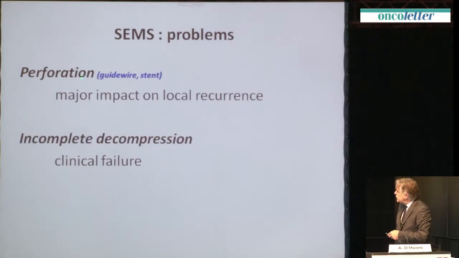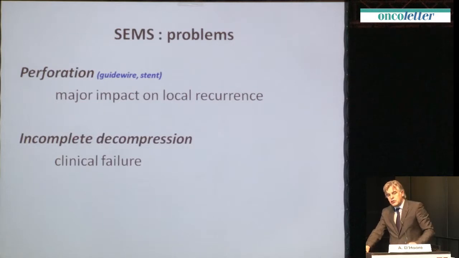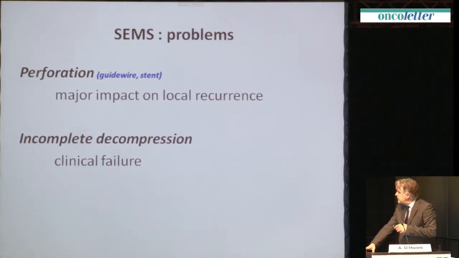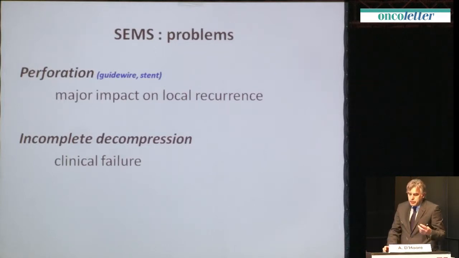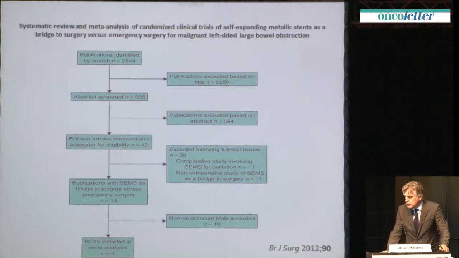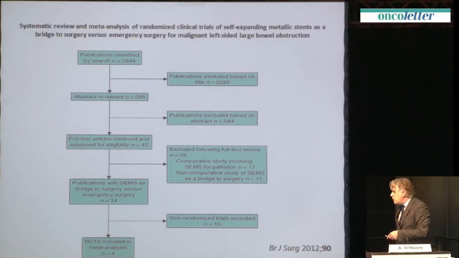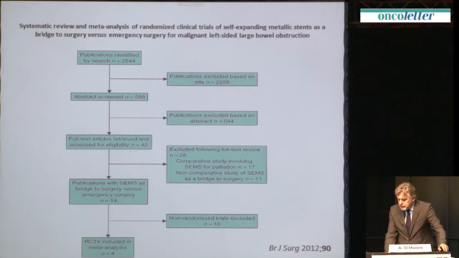You can have perforations, not only from the guide wire but from the stent, and this has a major impact on local recurrence. And in some patients, although you can open the lumen, you have an incomplete decompression, and you end up with a clinical failure.